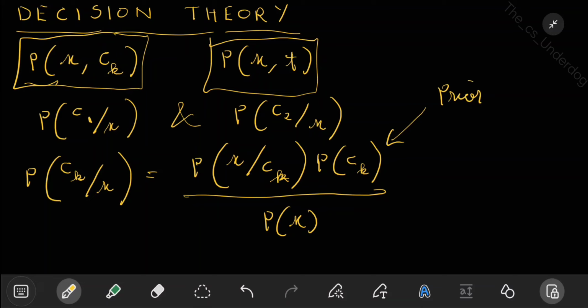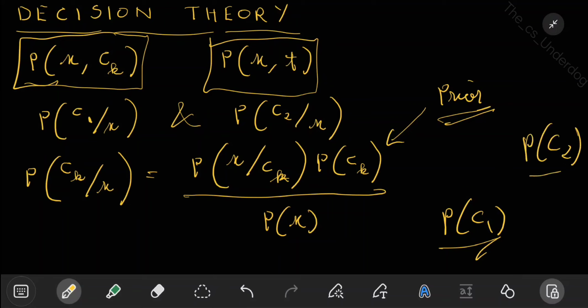What is prior? Before you see the data, before you see X, you have fixed that the probability of C1 is something and probability of class C2 is something. How will you identify this? See, normally, let us say, if you have 100 people coming in who are detected in the camera, most of them won't be enemies. They will be civilians. So in that case, let's say C1 is enemy, C2 is not enemy.